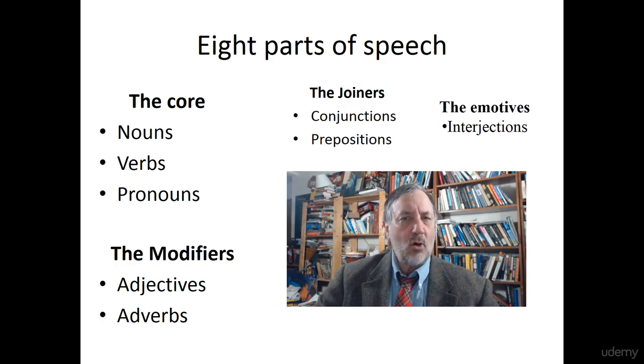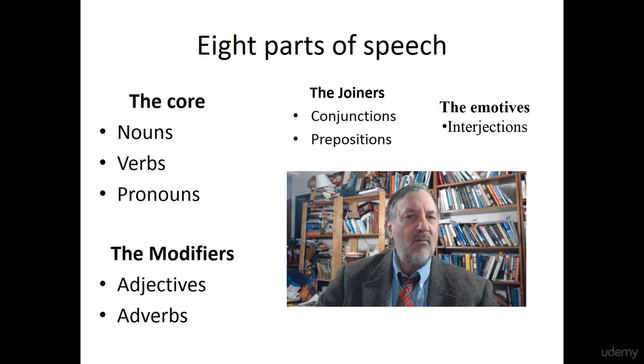Then you have what you might call the joiners. These are the conjunctions such as and or but, although, words like this, and prepositions, which also join parts of speech to one another, either parts of a sentence or words. So, on the table, or in the baseball diamond, things like this, okay?